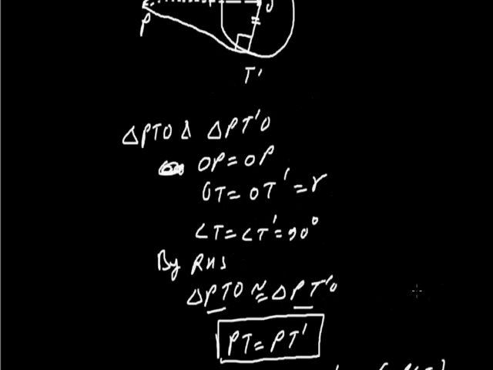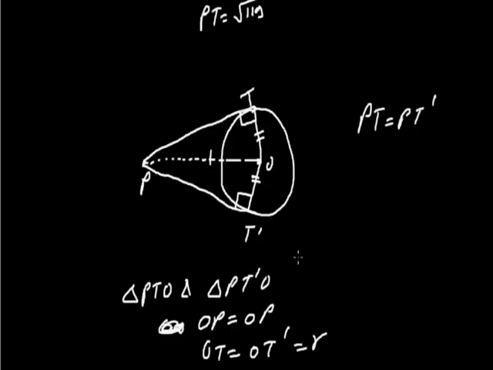These two angles are equal. So we can say that the tangents make equal angles at the center.